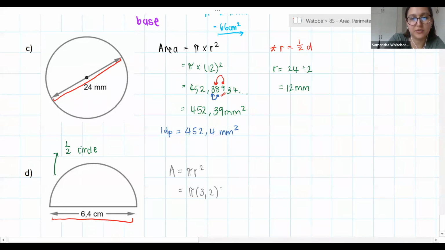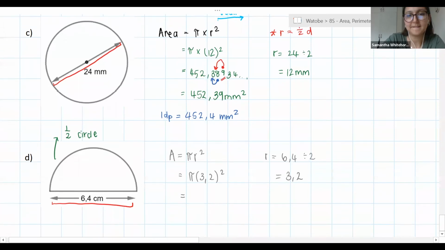Where did you get 3,2 from? Oh, sorry. I divided 6,4 by 2. Good. Again, guys, 6,4 is your diameter. Divide that by 2 to get your radius, 3,2. Right, keep going. So I got 32,16, and then it goes on, ma'am. So I rounded it off to 32,20.